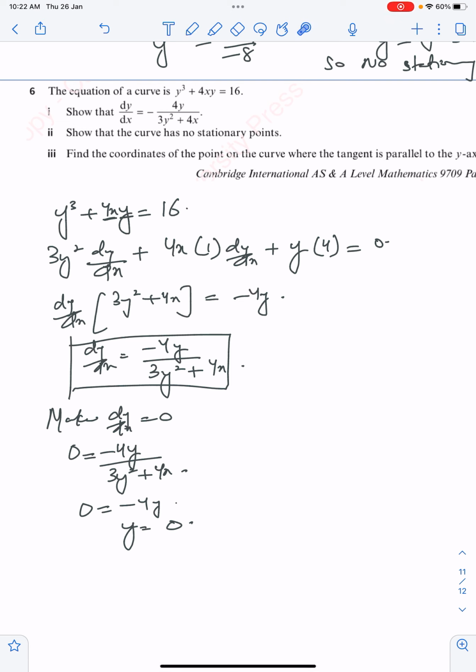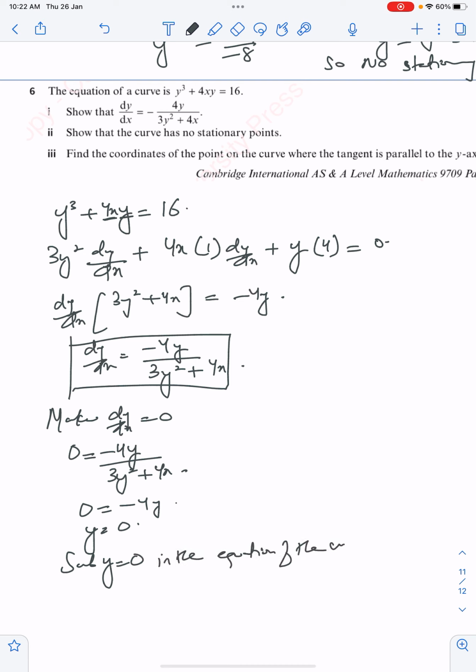Okay, if I substitute y equals 0 in the equation of the curve, 0 cube plus 4x into 0 equals 16.